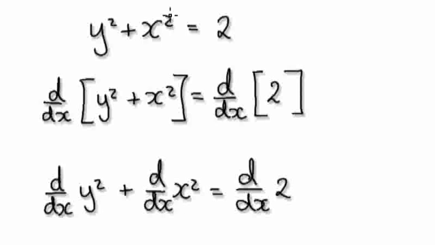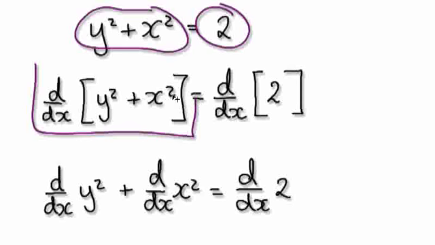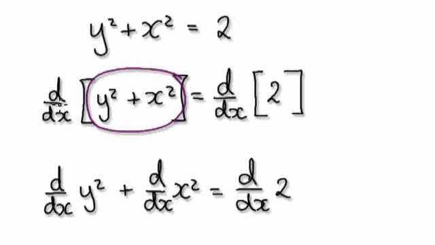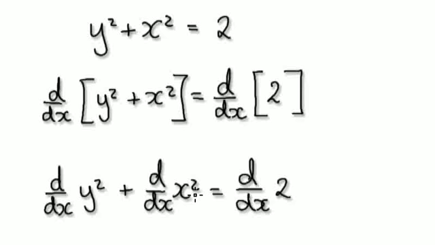Okay, so start out with this thing here. Differentiating both sides means you're differentiating the whole bubble here. But rather than differentiating the bubble, because there's a plus in between, you can just concentrate on differentiating this and then differentiating this.